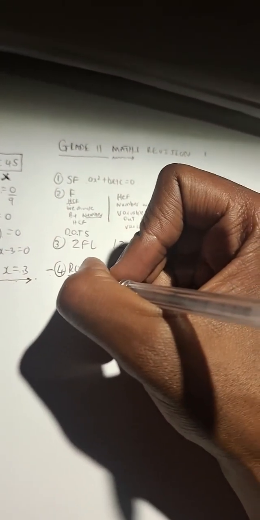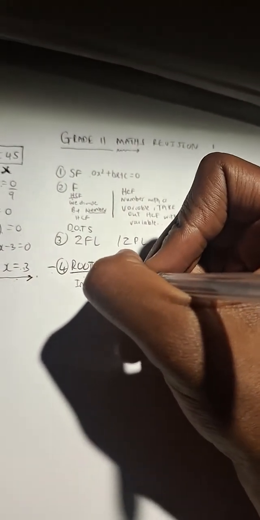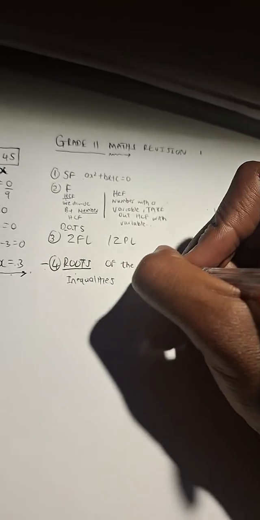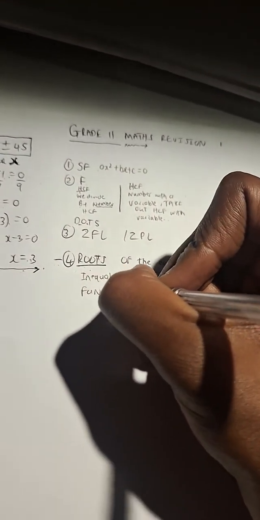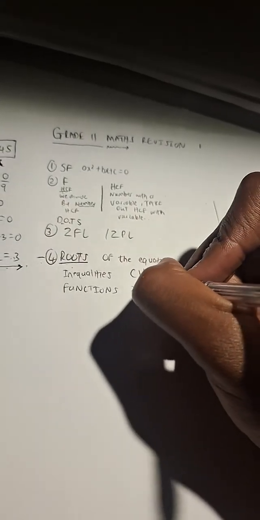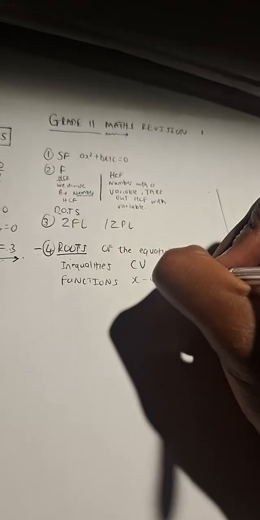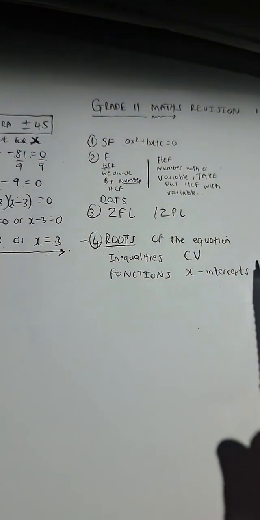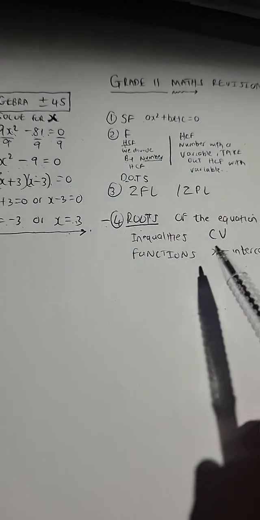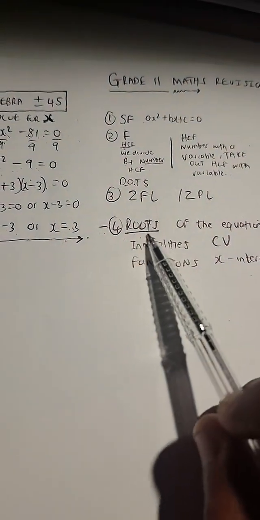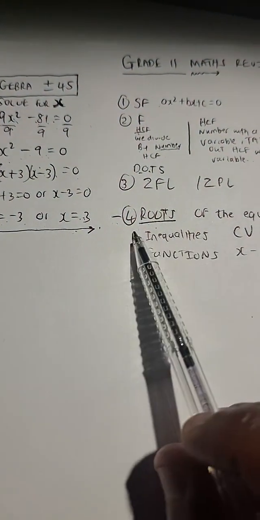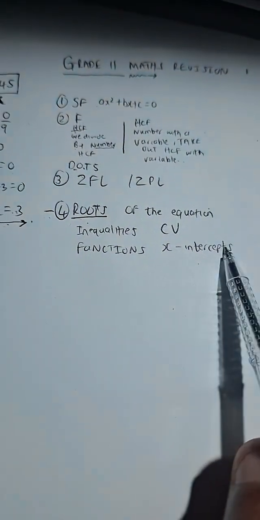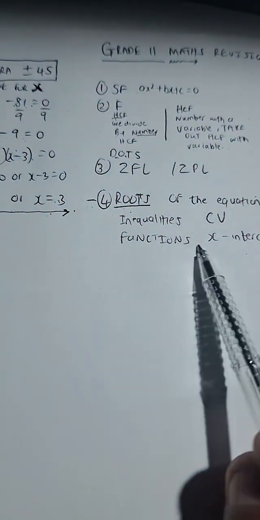In inequalities, we refer to roots as what? As critical values. In functions, we refer to the roots as what? As x-intercepts. Okay, I love that you can still remember that. We call them roots in algebraic equations. We call them critical values under the topic of inequalities, and we call them x-intercepts under the topic of functions.